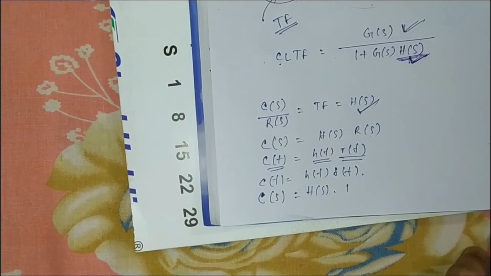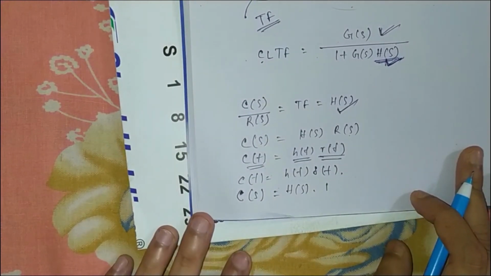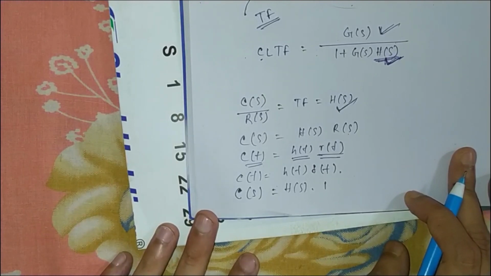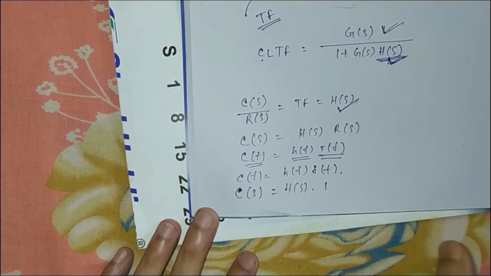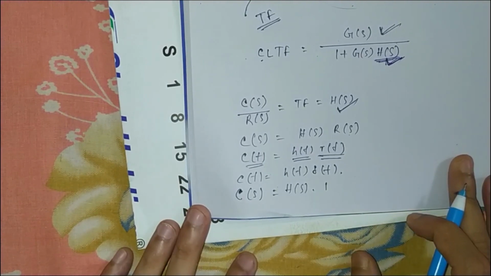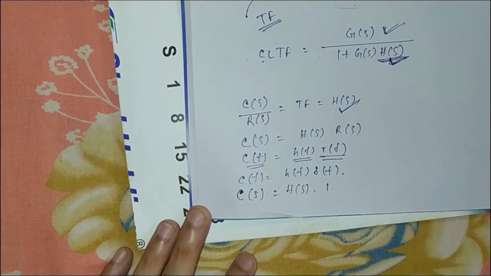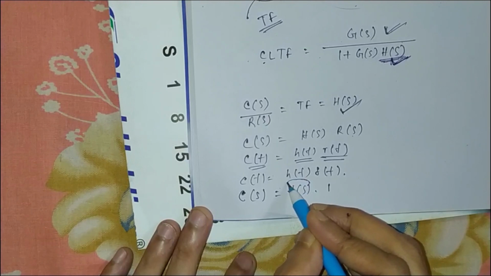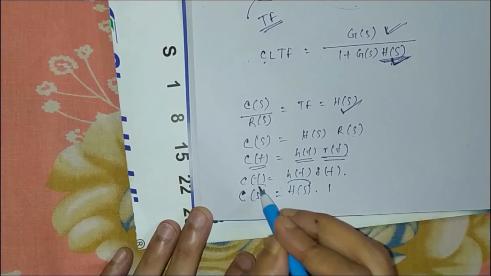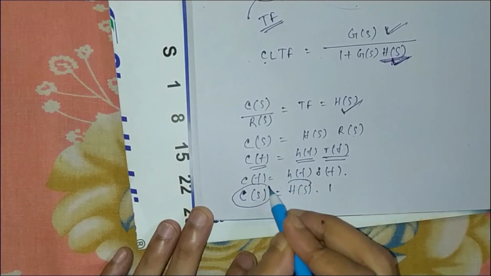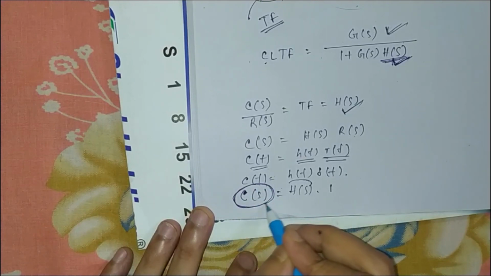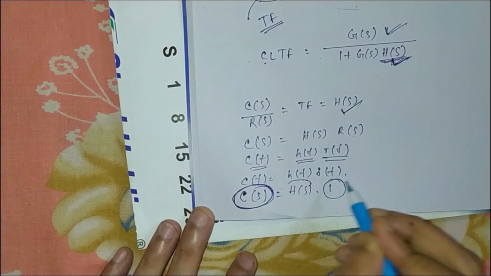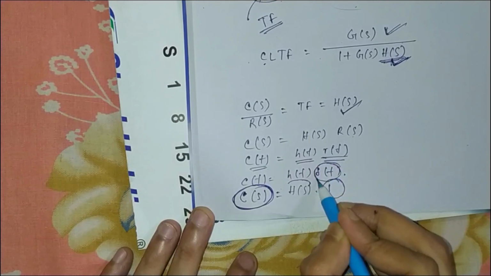So we can say that the inverse Laplace of the transfer function is the impulse response. My impulse response is here C of s. My C of s is the impulse response because I have given the impulse as the input.